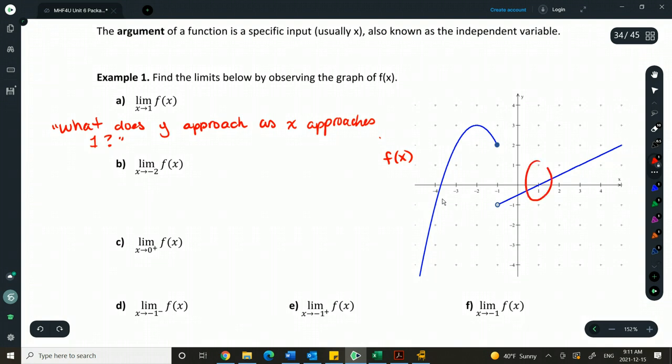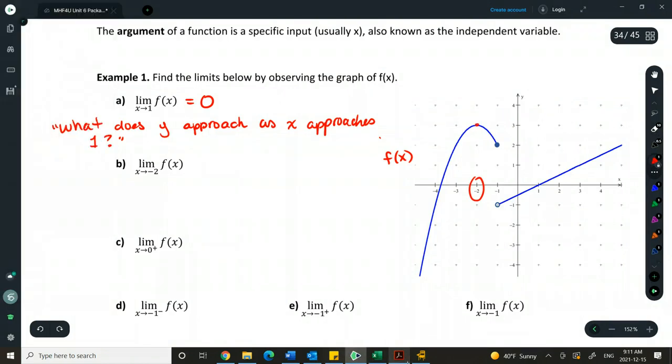Okay, so here's where x equals 1, right here. And I want to look at this from both sides. So as I approach 1 from both sides, what is the y coordinate approaching here? 0. So the limit is equal to 0. Perfect. Okay, how about negative 2? Here's negative 2.